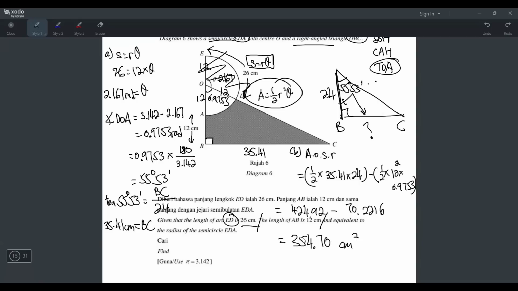Oh, I made a mistake here, guys. When you take 3.142 minus 2.167, you get 0.975. I don't know why I wrote the 3 there.